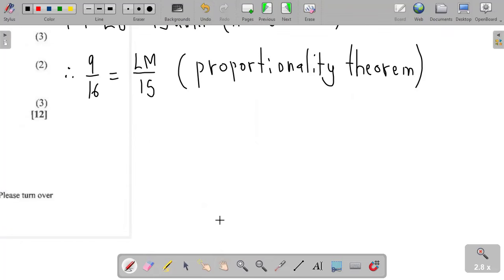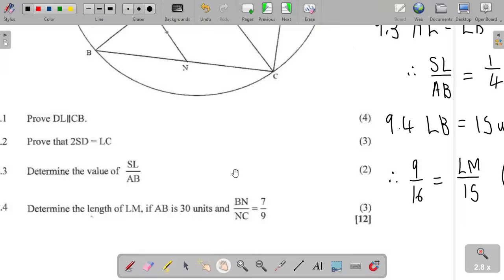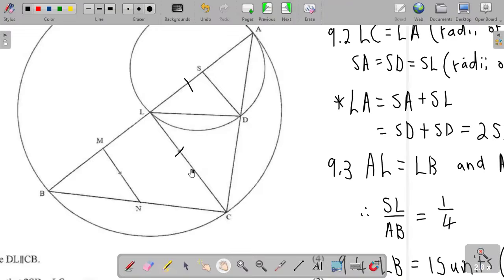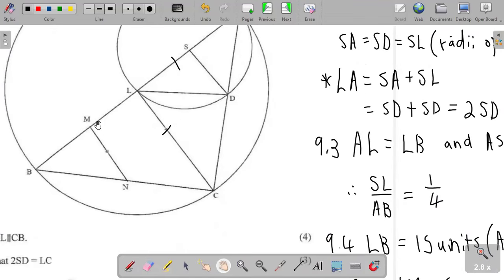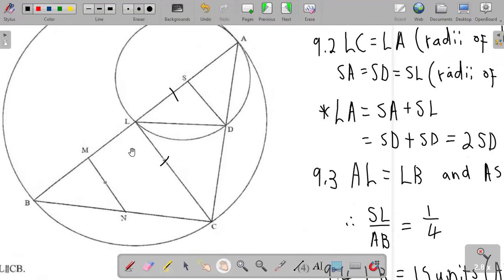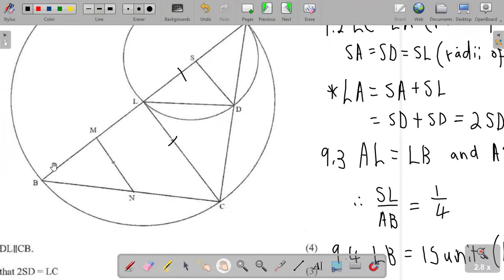Then yes, because look at LM, and then you look at LB.